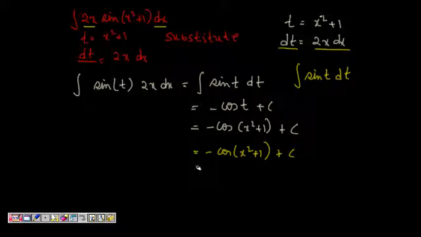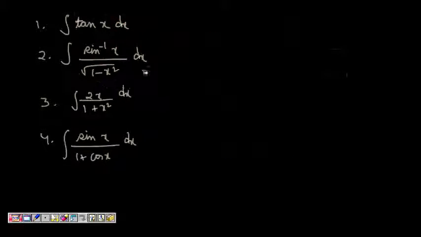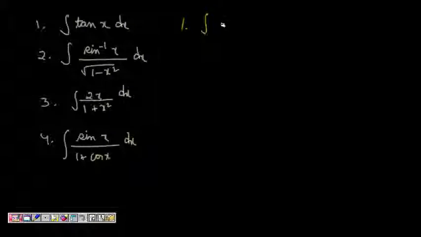Now let's see a few more examples. First problem: integral of tan x. We know that we are in integration by substitution. Only one function, tan x, is there. So we can write it as sin x by cos x.